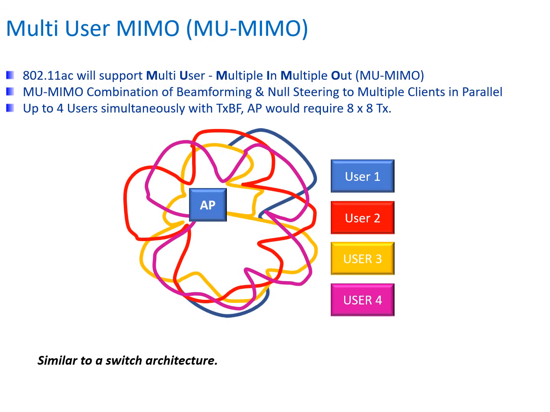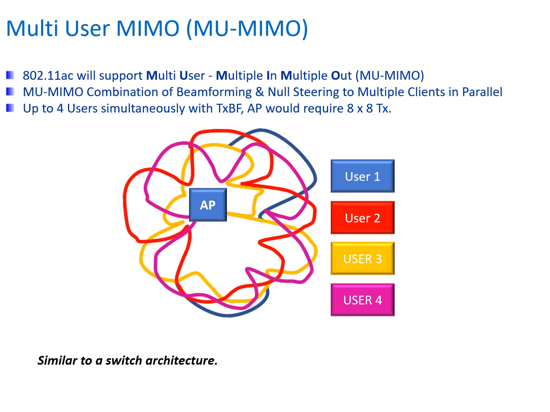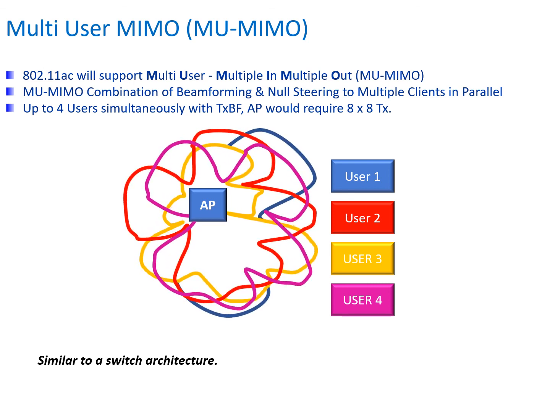With 802.11ac, if we have an 8x8 system, we can support up to 4 users simultaneously with beamforming. So this means that we can actually transmit to the users simultaneously. 4 users can receive data simultaneously. This is much more similar or more analogous to a switch architecture.